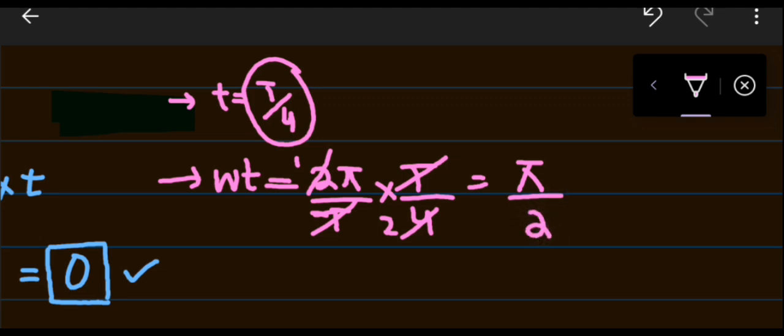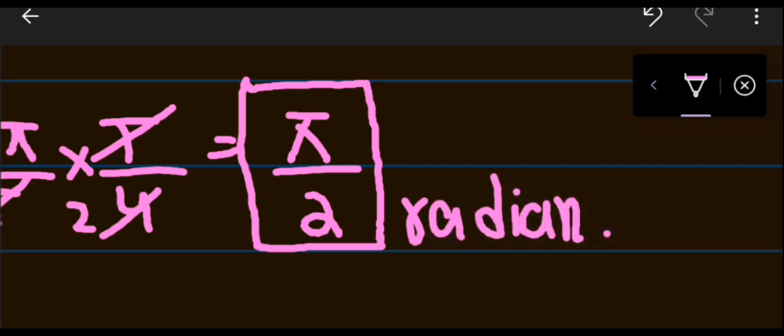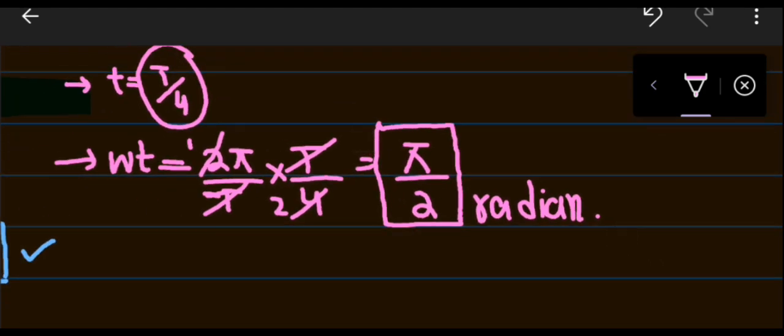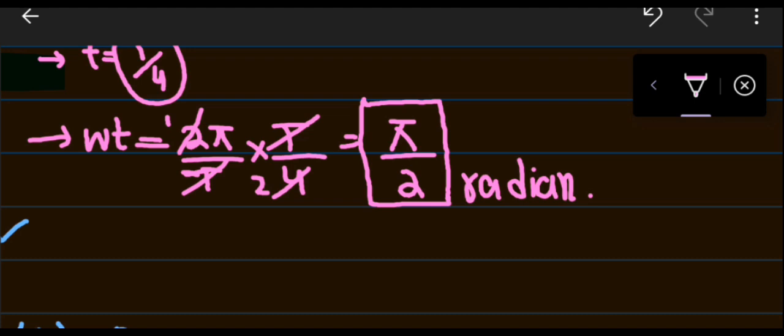This pi by 2 is in radians, and now you have to convert this radian into degrees, because when we find the displacement we have to put degrees, not radians.